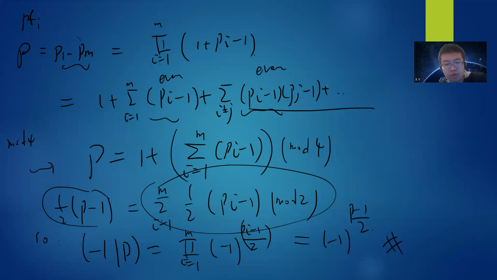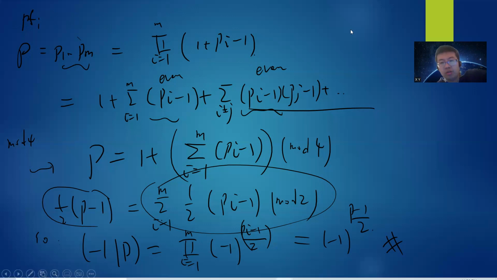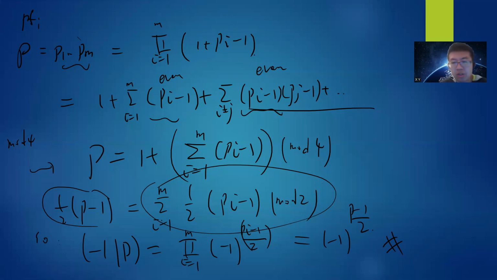Hopefully it's a simple proof: you just write down the definition for the small prime, or the general formula for it, and you collect them. It should not be difficult.